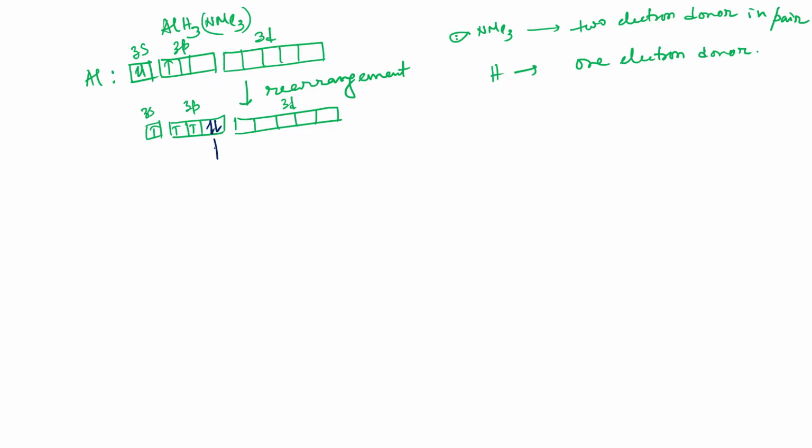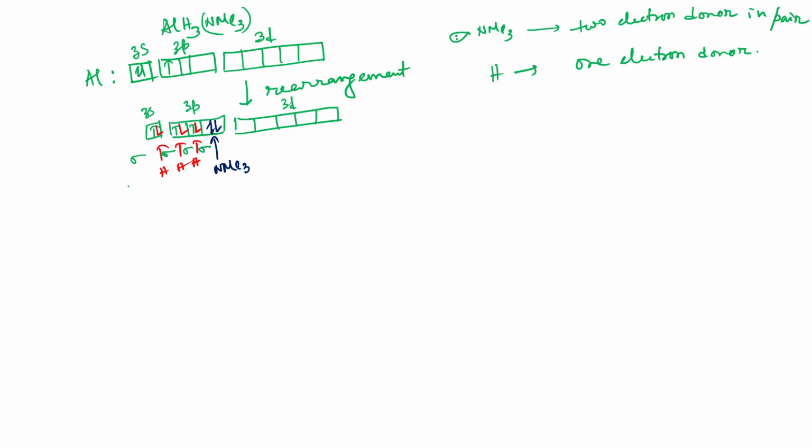These two are coming from NMe3 and these are coming from hydrogen. All these are sigma bonds. For structure determination, we have to think about which orbitals are contributing in the sigma bond formation.